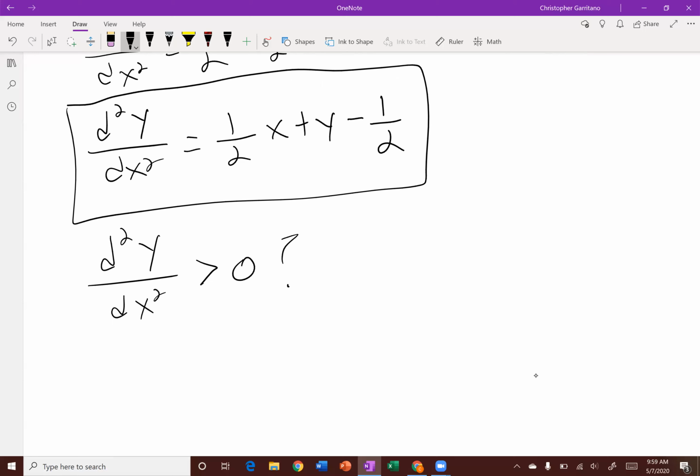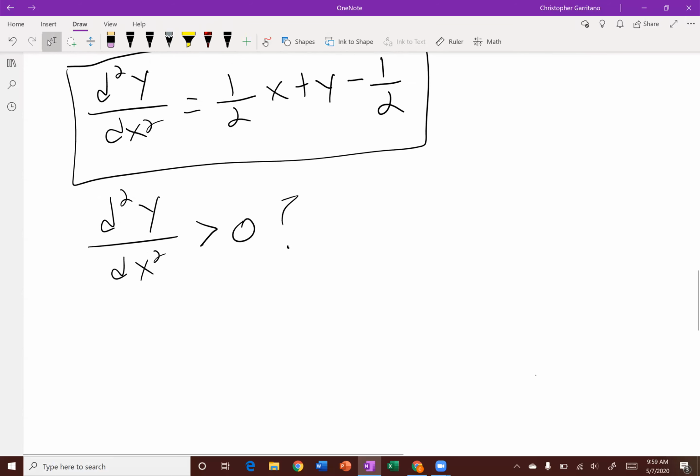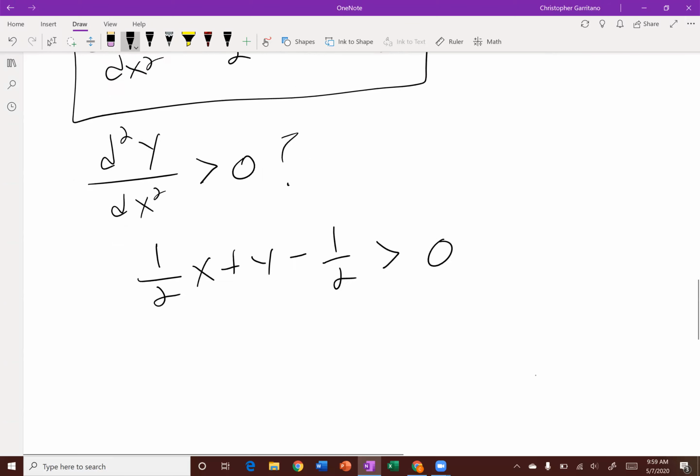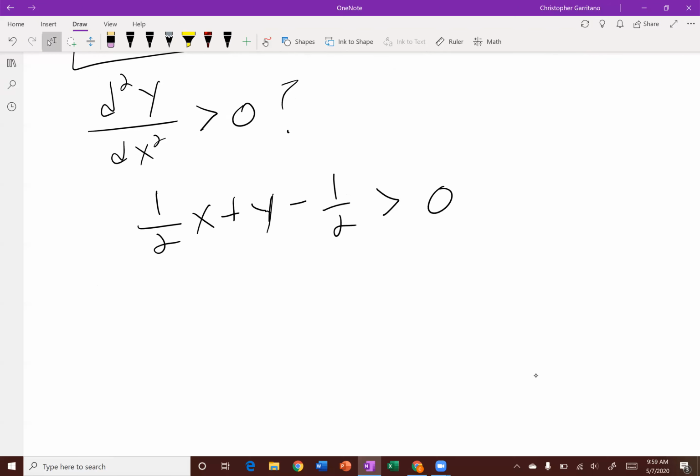So I'm basically going to take my second derivative expression and set it so that it must be greater than 0. And what I'll do here is solve for y. So the second derivative is greater than 0 when y is greater than negative 1/2 x plus 1/2.